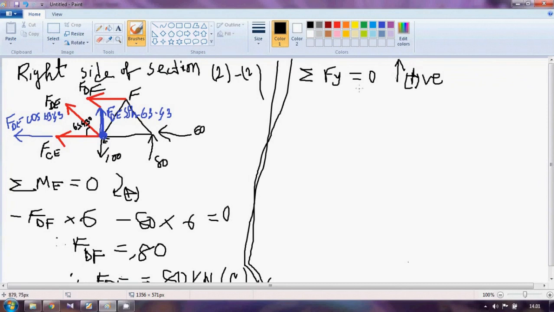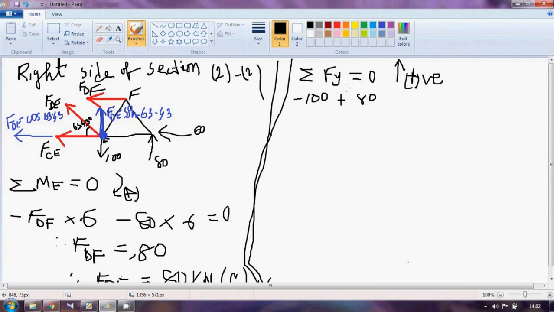If you take summation Fy equal to 0, what will happen from this free body diagram? This member force minus 100 will come, plus 80 will come also. I have to take the member force which is acting in the positive y direction.